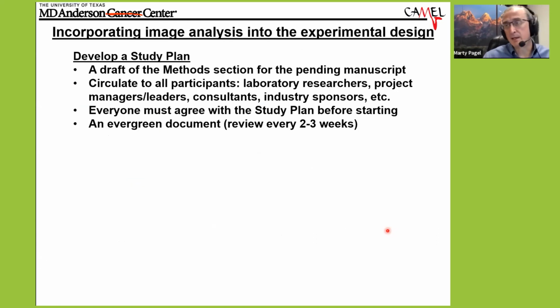So just real quickly, again, to emphasize this importance of image analysis and how you're going to manipulate the data later on. This is sort of a paradigm in our lab and somewhat in our small animal imaging facility here at MD Anderson Cancer Center, where we like to develop a study plan for each project. We circulate to everyone, make sure that everyone agrees with the plan before starting. And then we review this every few weeks to make sure that everything is up to date.